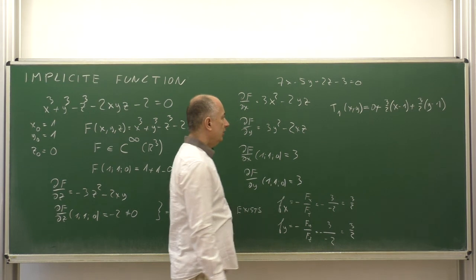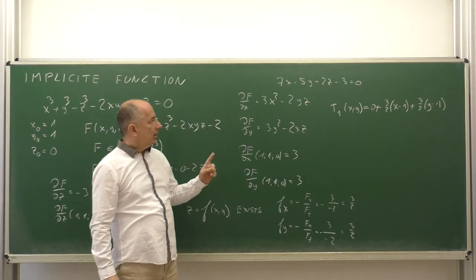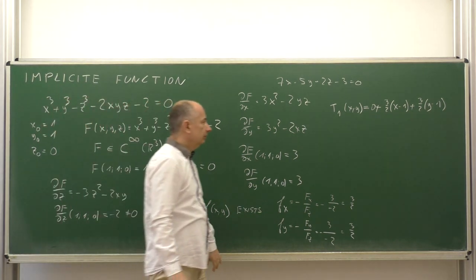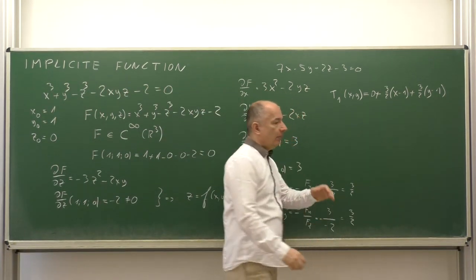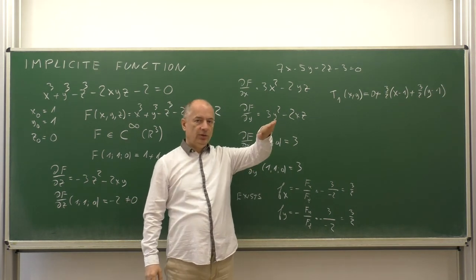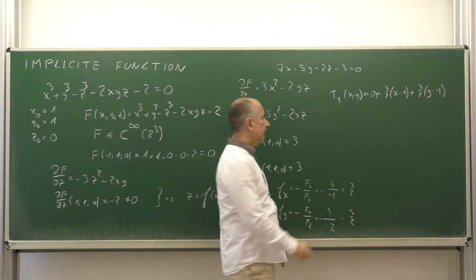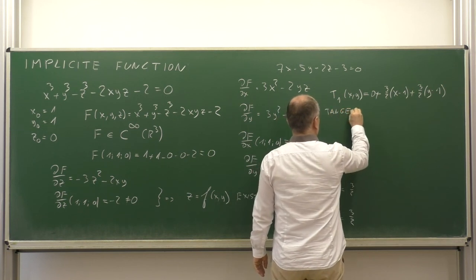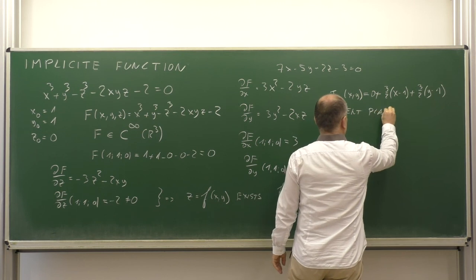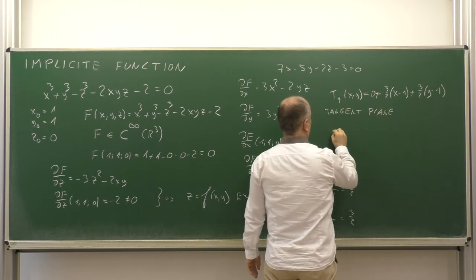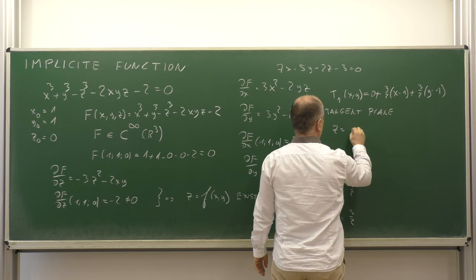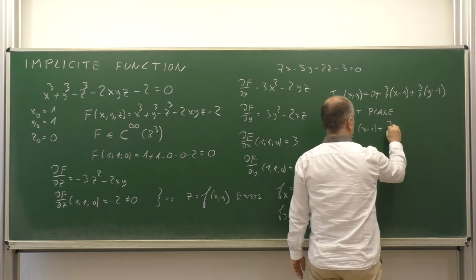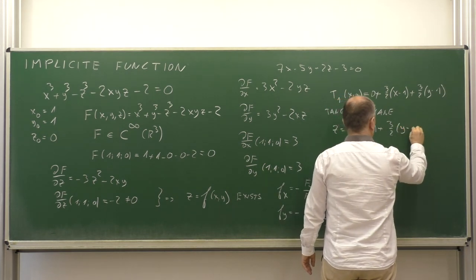So this is the Taylor polynomial at the point (1, 1) for the function small f. And the Taylor polynomial is actually the equation of the tangent plane. z is 0 plus 3/2 (x minus 1) plus 3/2 (y minus 1).